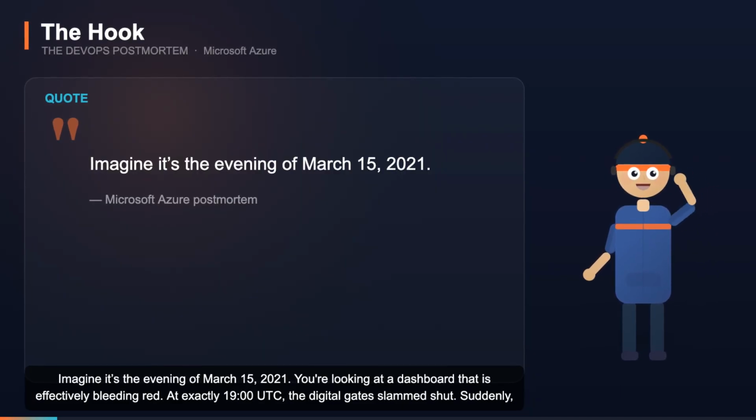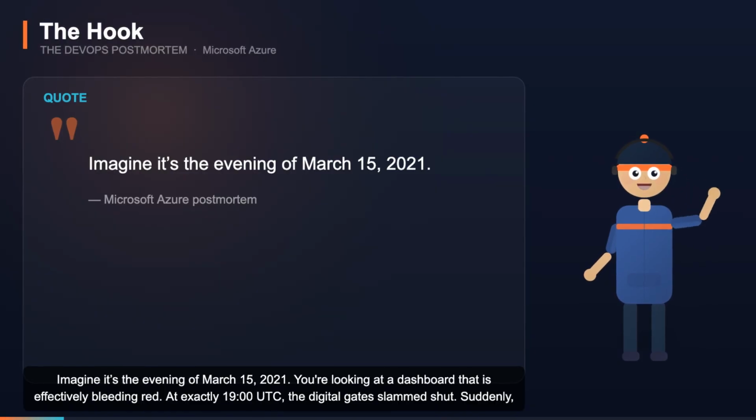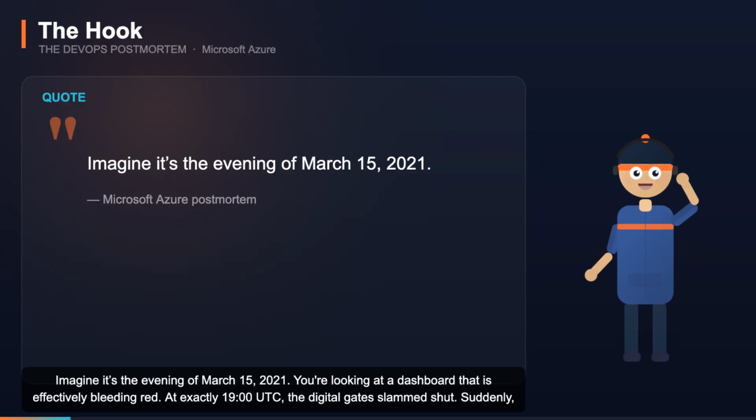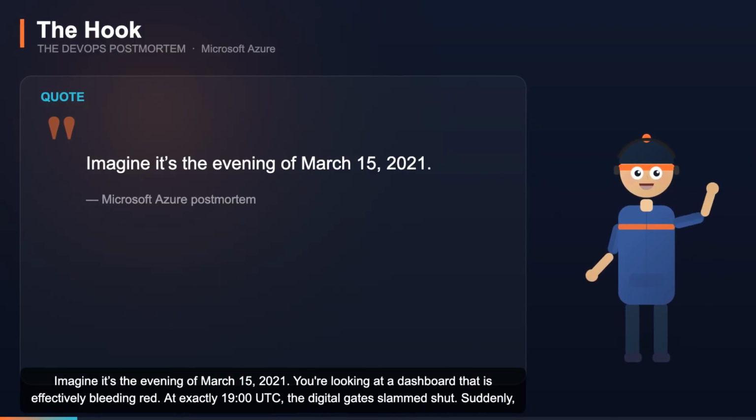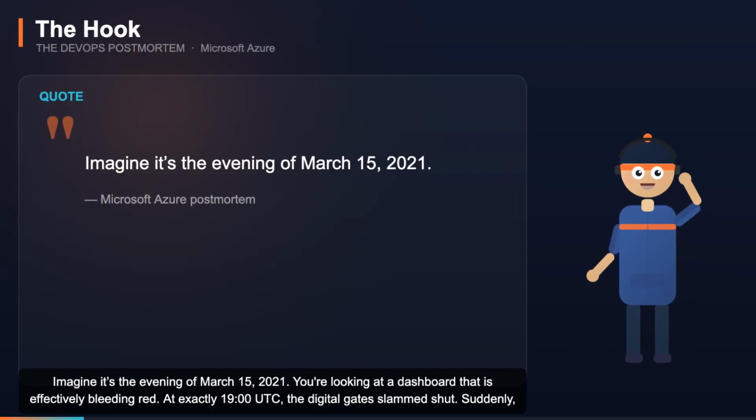For nearly 14 hours, users across the globe were staring at login screens that refused to recognize them. This wasn't just a down service. It was a total identity blackout affecting millions of users and critical infrastructure. The scale was staggering, and the silence from the systems was deafening. Something deep in the gears had snapped, and nobody knew exactly what it was yet.